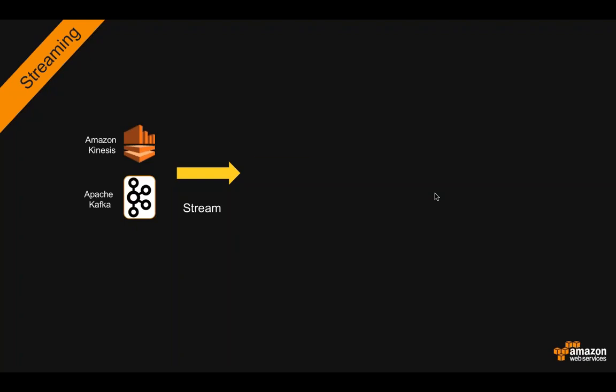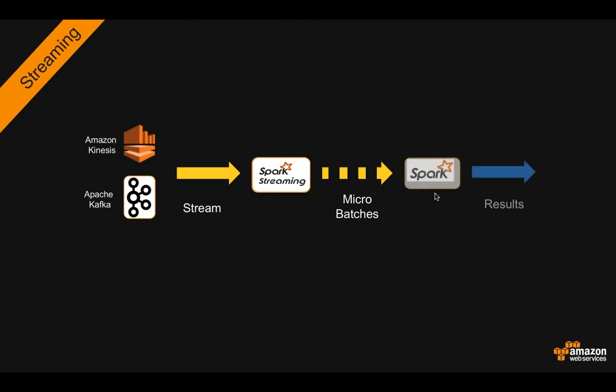But one of the most popular ways is to have a Spark cluster with Spark Streaming running. Spark Streaming will turn the stream into a number of micro batches, and those micro batches then allow you to act on the data. Later in the pipeline, you'll use one of the other Spark engines, whether it's Spark SQL or Core Spark, to analyze those micro batches and push out whatever results you're after.